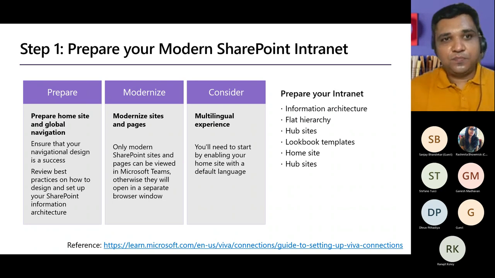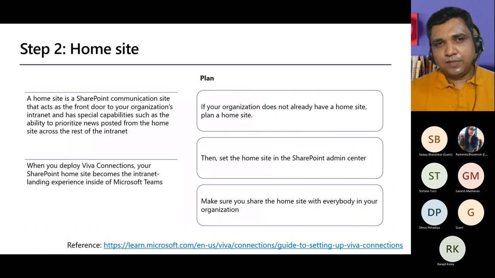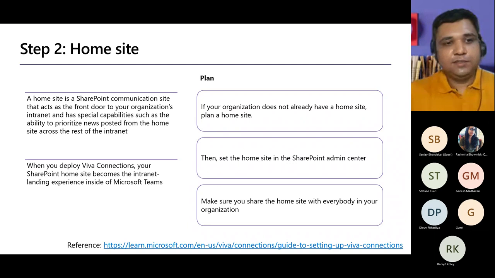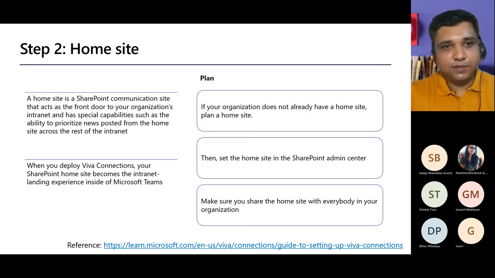All right. So quickly, that was about how we can start having our information in SharePoint. But the second major part here is the home site. A home site in SharePoint is a communication site that acts as the front door to your organization's intranet, and has some special abilities.